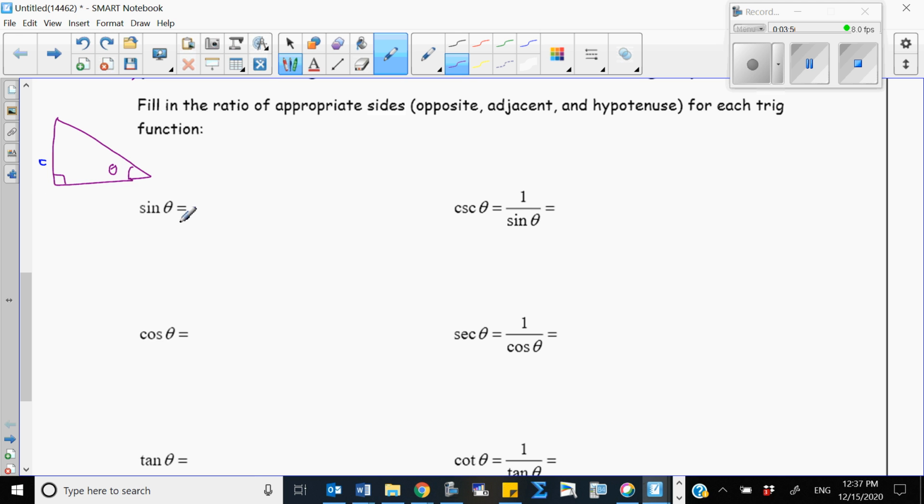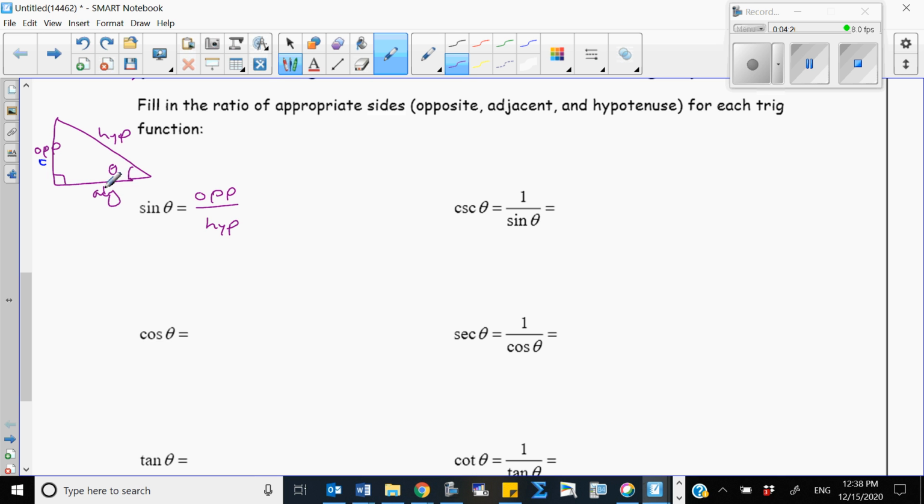If I want to find sine of theta, that's basically equal to opposite side over hypotenuse. So if this is my angle, the one which is opposite that is the opposite side, opposite the 90 degrees is hypotenuse, and the one beside that is the adjacent.